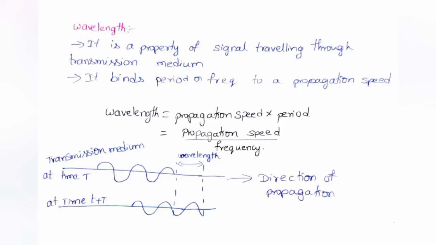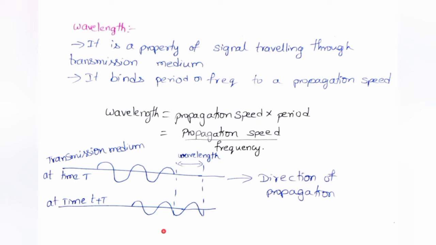So the next parameter is wavelength. Wavelength is a property of the signal traveling through the transmission medium. It is a property of a simple analog signal which is traveling through a transmission medium. Suppose a signal is traveling through a transmission medium, let us consider it be a fiber optic cable. So the signal is traveling through the transmission medium at the time t, that is at a particular time limit of 1 millisecond.